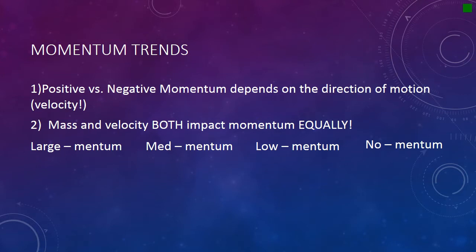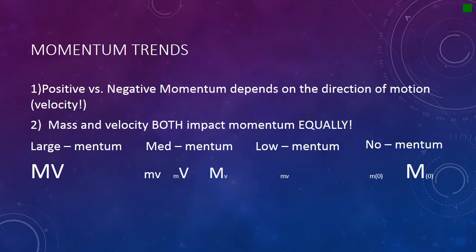And we can illustrate this by showing some examples of objects with different momentum. So we've got large momentum, medium momentum, low momentum, and no momentum. So something that has large momentum could have a large mass and a large velocity, like our comet.